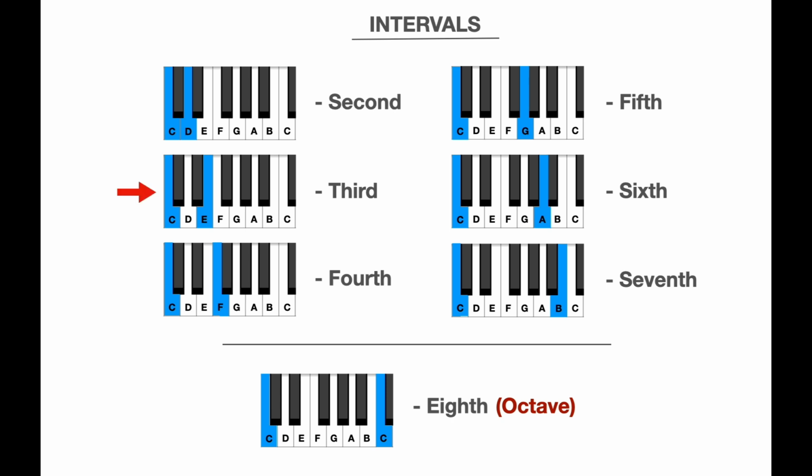To move an interval of a third, we would move from C to E because there are 3 notes involved, C, D and E. An interval of a fourth would be C to F, an interval of a fifth would be C to G, a sixth would be C to A, a seventh would be C to B, and you can see at the bottom there our interval of an eighth is moving from C to C, and this is called an octave. 8 notes involved, C, D, E, F, G, A, B and C.